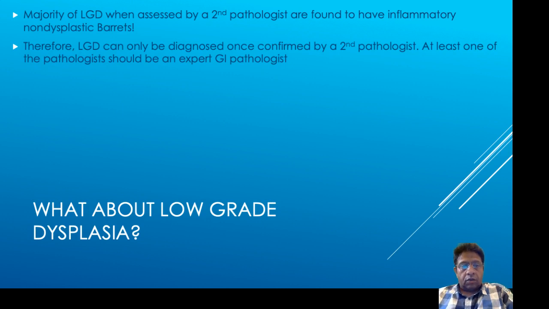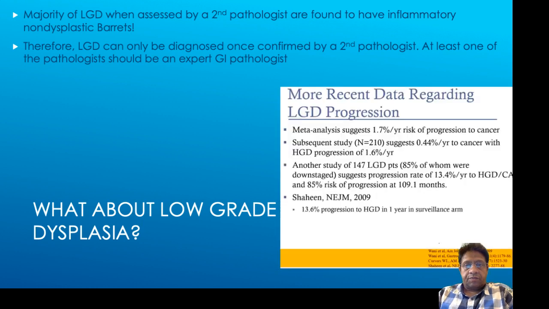What about low-grade dysplasia? The majority of low-grade dysplasia, when assessed by a second pathologist, are found to have inflammatory non-dysplastic Barrett's. Therefore, low-grade dysplasia can only be diagnosed once confirmed by a second pathologist, and at least one of the pathologists should be an expert GI pathologist.